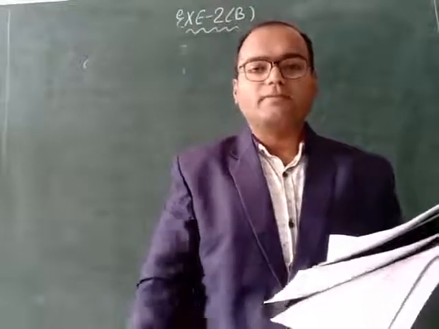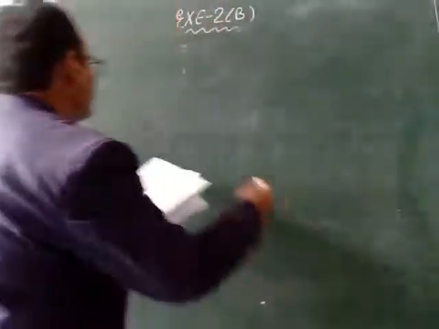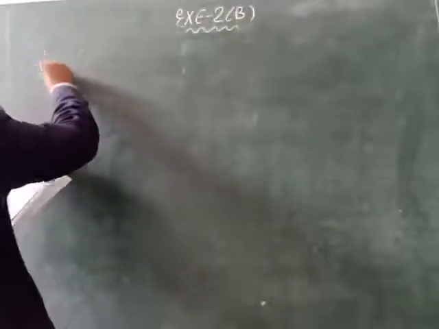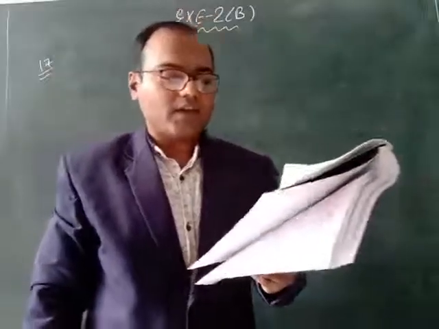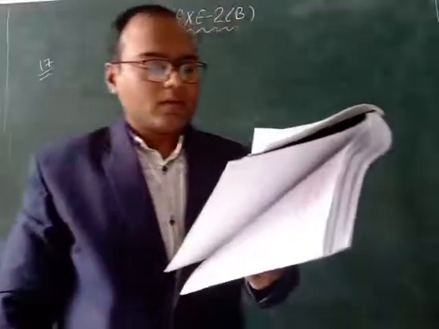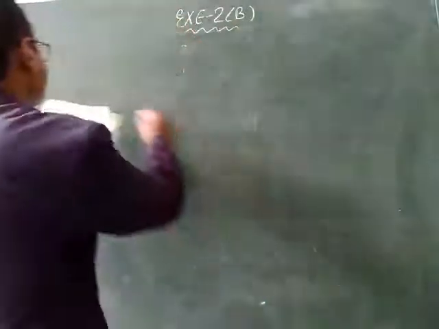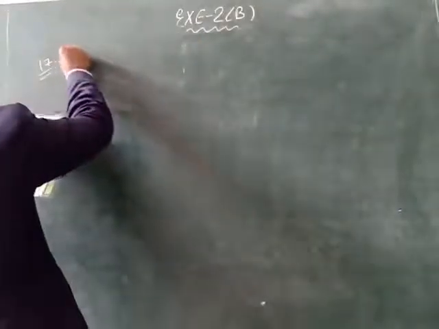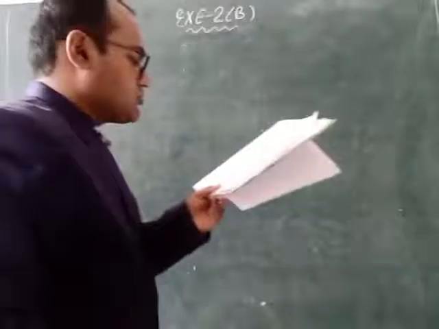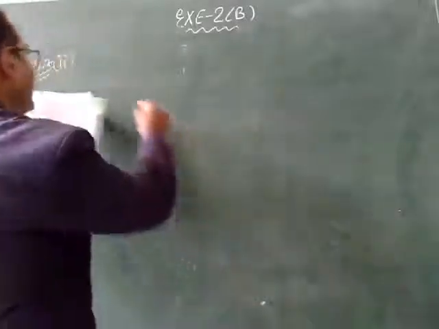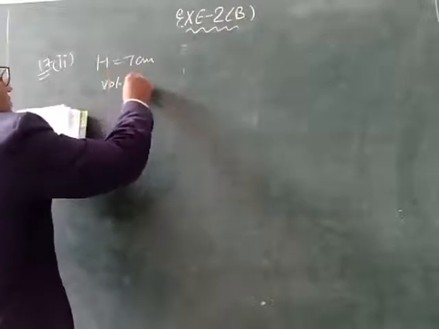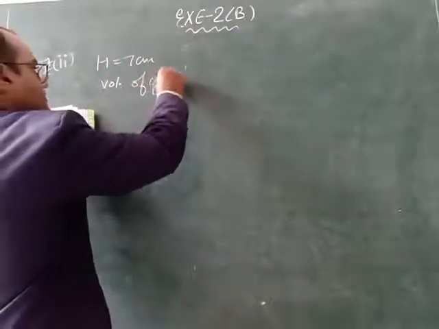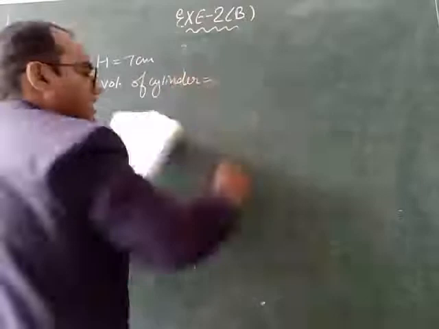Question number 17. Find the curved surface area and total surface area. Second part. Here it is given in the question that height is 7 centimeter and volume of the cylinder is also given.